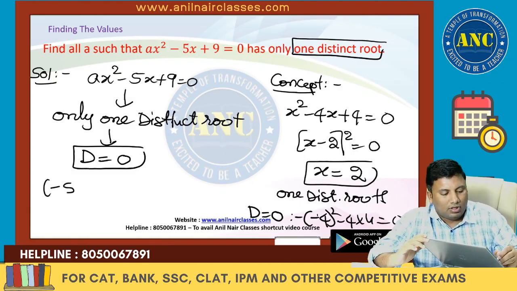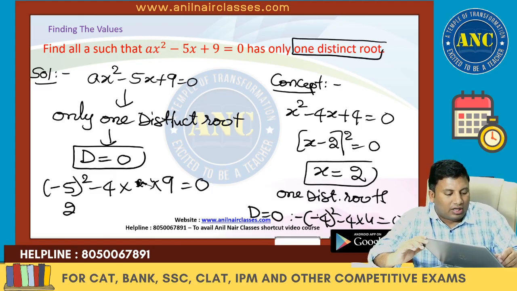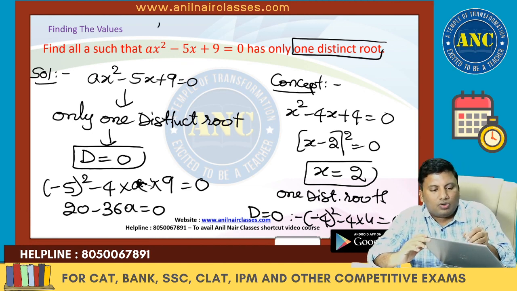This is nothing but b square minus 4ac equivalent to 0. This is nothing but 20 minus 36, 4 into a into 9, 36a equivalent to 0.